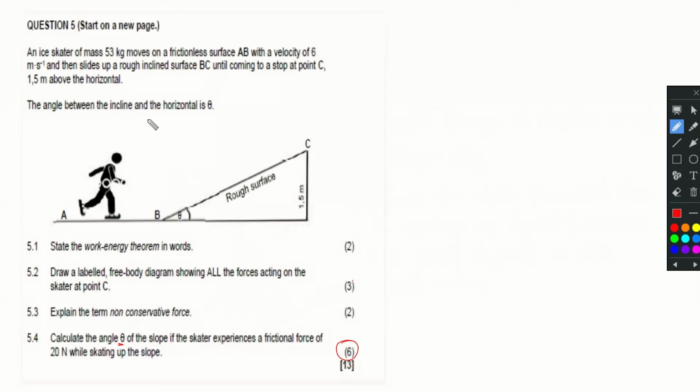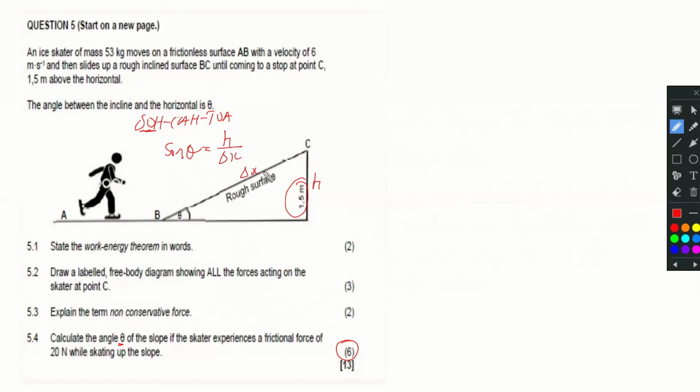Having to apply your SOHCAHTOA, which is your trigonometry, you do understand that if you wanted to calculate theta here, you'd have to apply the trig ratio sine theta is equal to the opposite, which is the height, over the hypotenuse, which is the displacement. Now, you do understand that you do have the height, which is 1.5 meters, but you don't have the displacement delta x, which is your hypotenuse side.